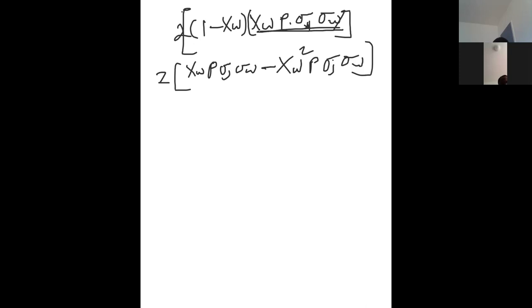Yes. Then you have 2, multiply everything by 2: 2XW, this correlation between J and W, minus 2XW all squared.